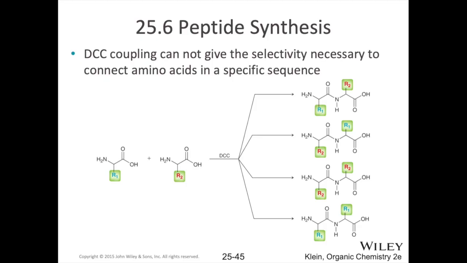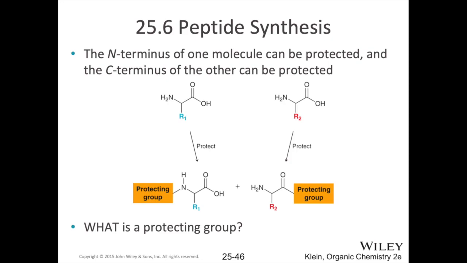All right, so obviously we want to control this, because our yield of our desired dipeptide is going to be awful. We're talking about 25% at best, if we don't try to control this. So what we want to do is essentially use protecting groups.